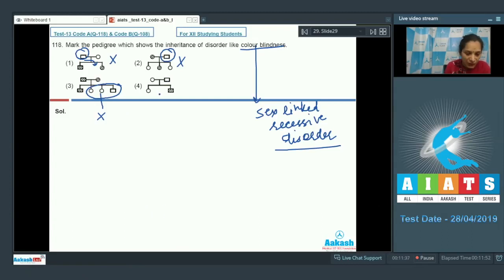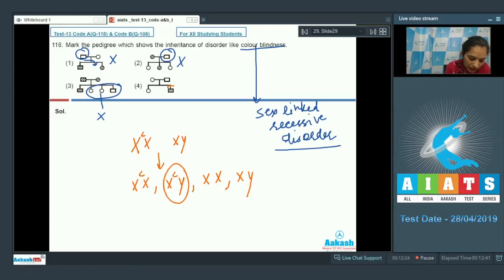Now consider the last pedigree where the father is unaffected, means it is, I'm drawing over here, XY, and mother is carrier, then it is XCX. Then the progeny will be XCX, XCY, XX and XY.